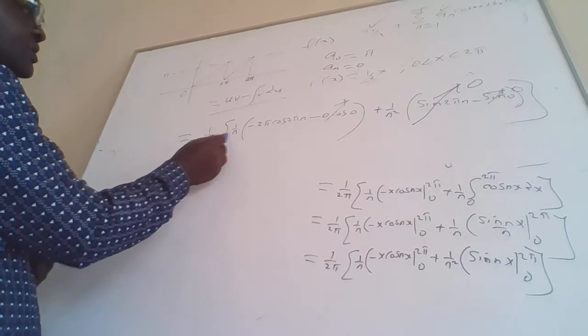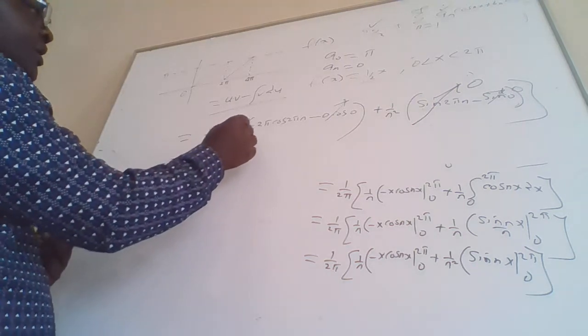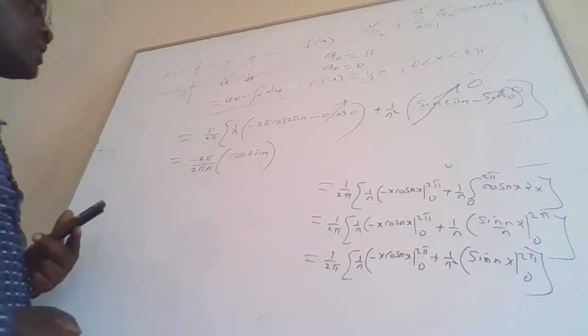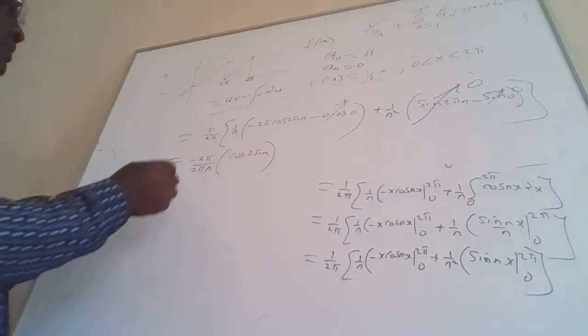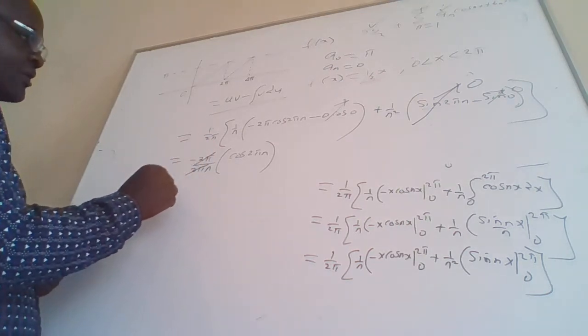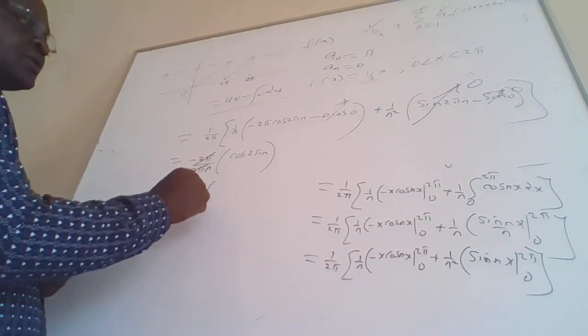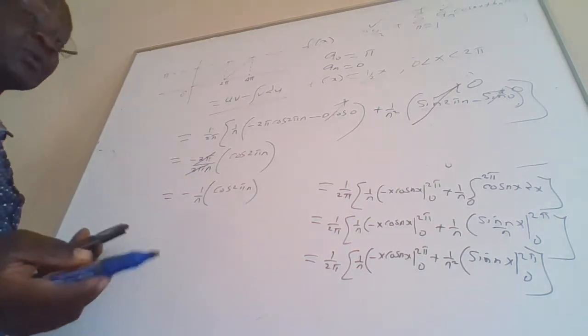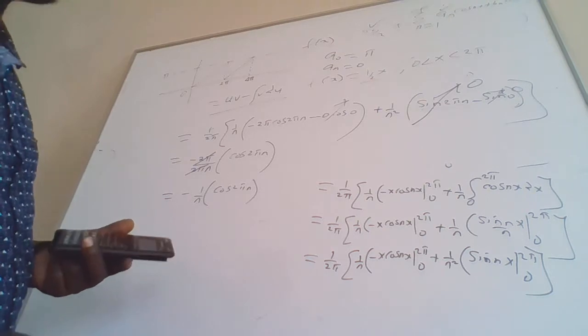This is n out, into now we have cos 2 pi n. That's what we have. And then these cancel, so we have negative 1 all over n into cos 2 pi n.